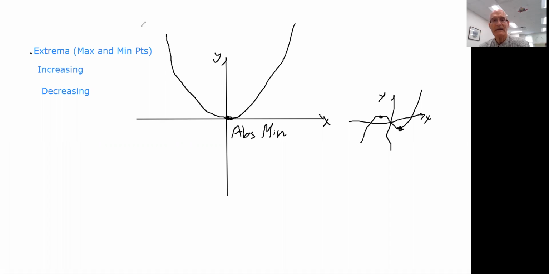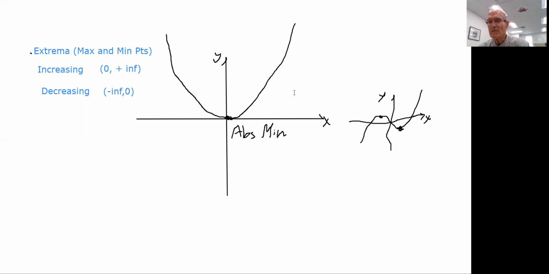So decreasing is from minus infinity to 0. And then my increasing would go from 0 to positive infinity, because from here up to here, the function is increasing. Okay.